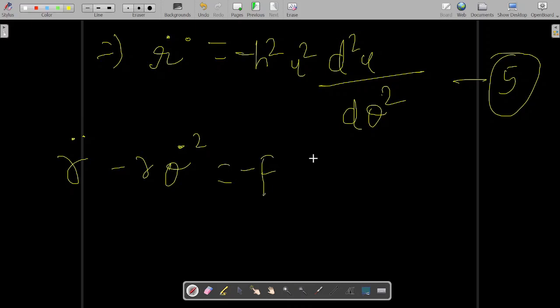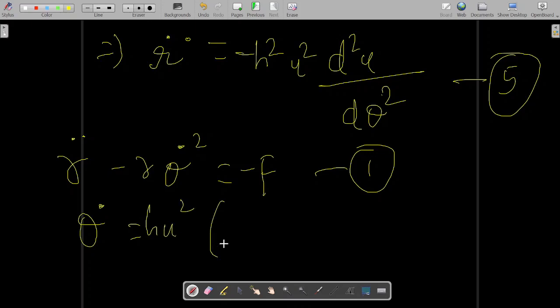This is your equation 1, which we have already written previously. What is your equation number 4, which has been given in the question? Okay, this is your equation 4. And what is your equation 5?